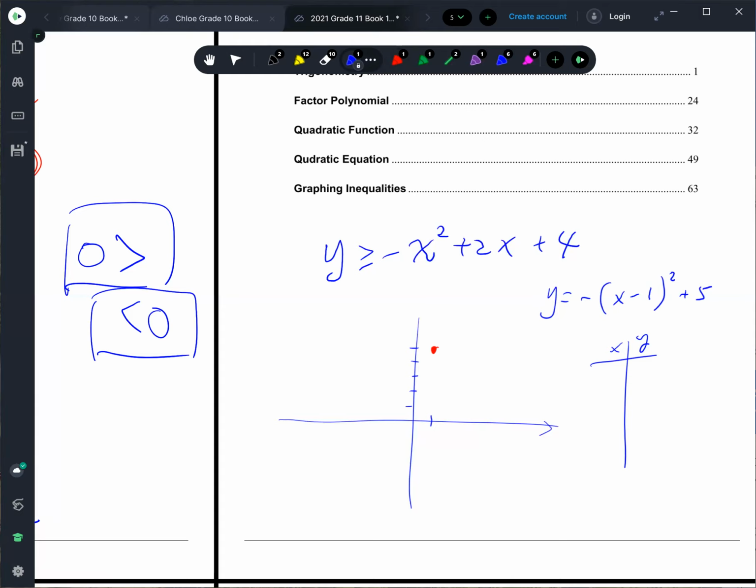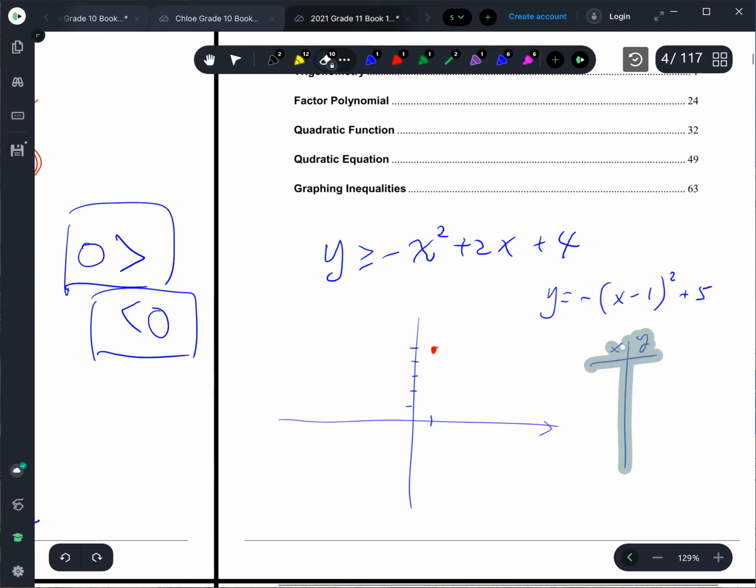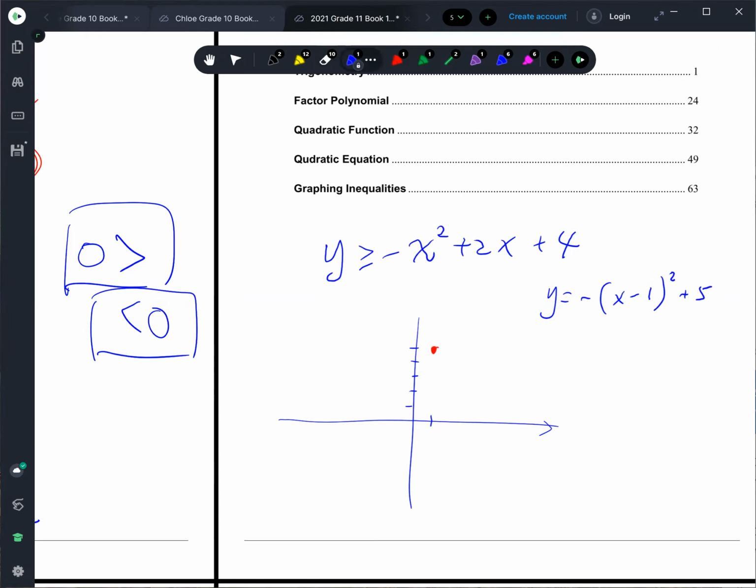Okay, you want to graph it without drawing the table? Yeah, because our teacher takes marks off if we use tables. Then you have to memorize, right? It's 1 and 1, and 1 and 4. You count the steps.